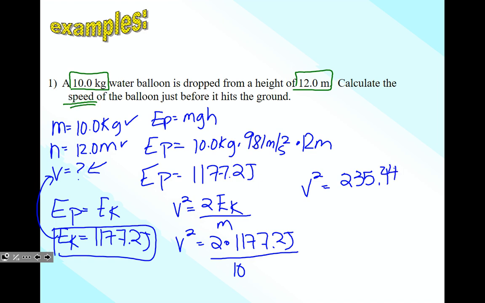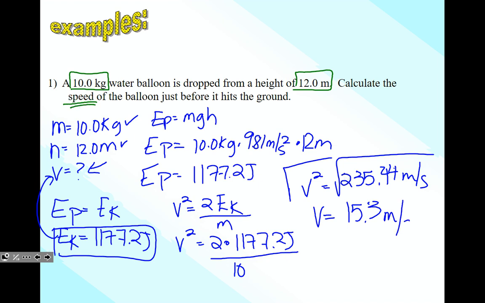And now what we're going to do is take the square root, because we're not asked to find v squared, we're asked to find our simple speed, which is equal to 15.3 meters per second.